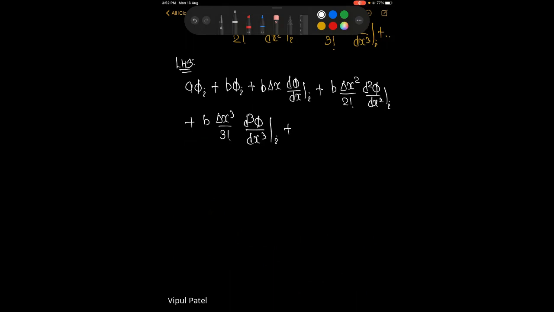Okay, and then you can have the other terms with phi I plus 2. So all the terms which are multiplied by c are terms related to I plus 2. Okay, so that is what I am writing.